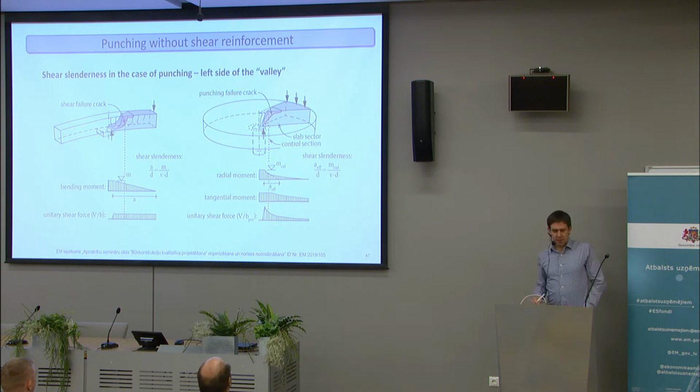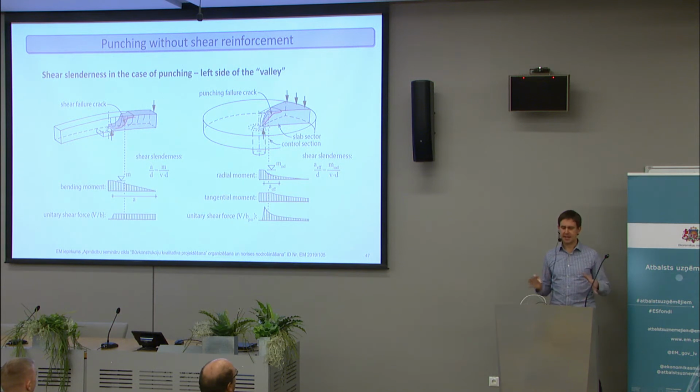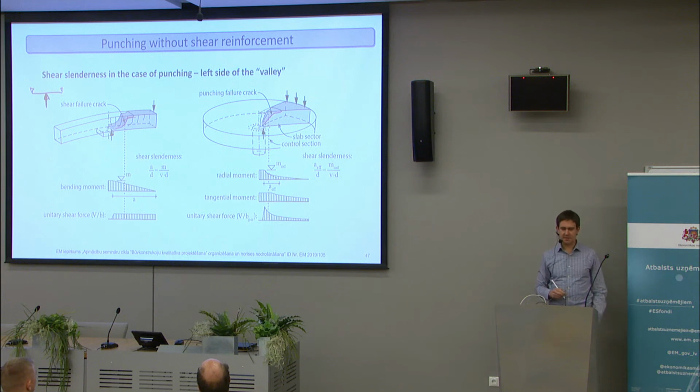So what is different between one-way shear and punching shear? If it's a one-way element, then both bending moment and shear force are transferred in the same direction. It's statically determined. Traditionally we draw it the other way, but it's basically just like a simple beam with a load in the middle. So there isn't any question where the loads are transferred.